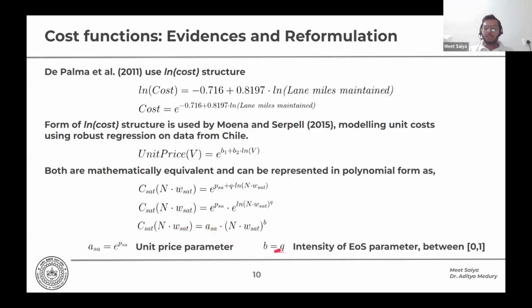So at 1, it becomes unit cost. At 0, this goes away, and this becomes unit price again. So it's sort of a subscription model, if you will. And if you divide total cost by N W, which is the number of roads on which you do certain maintenance, you get b minus 1.